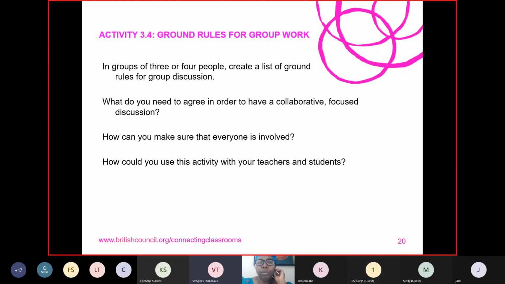Okay, I want you now in your WhatsApp group to think about ground rules that you need for group discussions. Ground rules for group discussions.